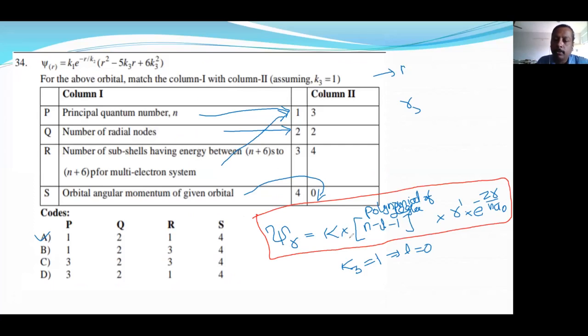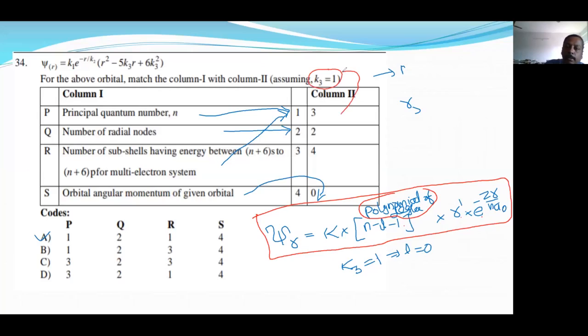Psi r is equal to k into r to the power of n minus l minus 1, e to the power of minus zr upon n a naught. Degree of polynomial will be how much? n minus l minus 1. Okay, and here it is given K3 is equal to 1.